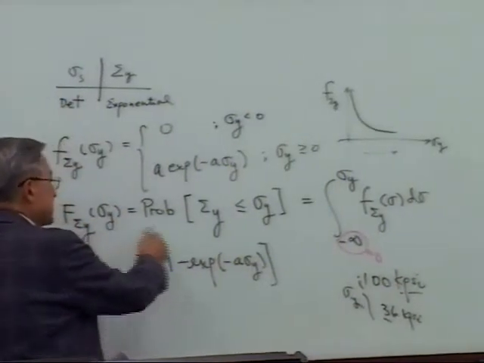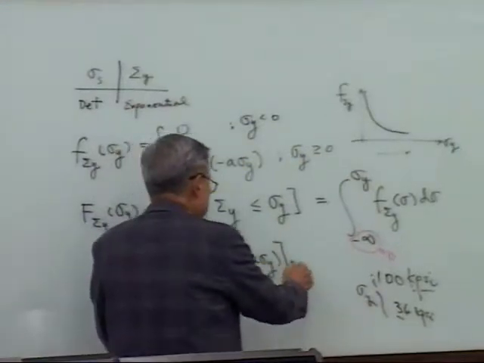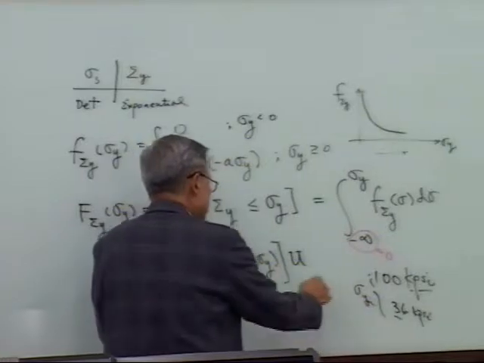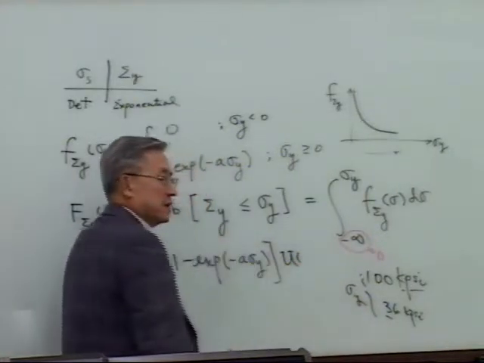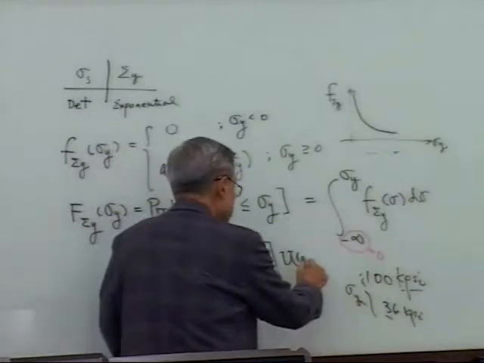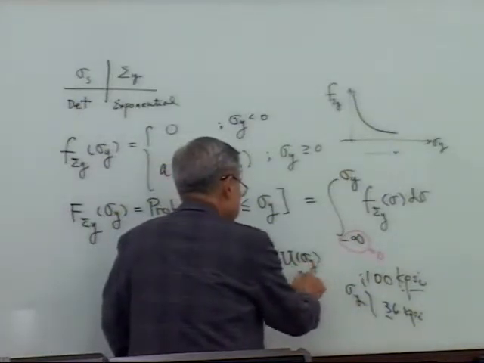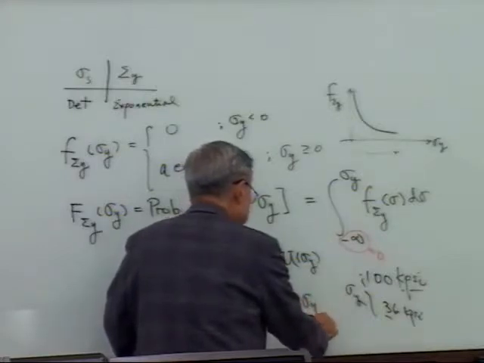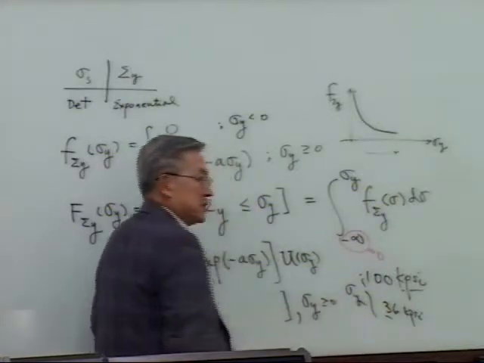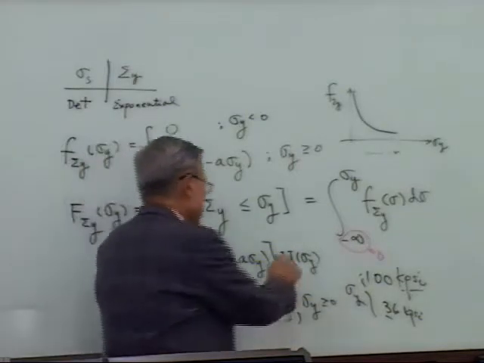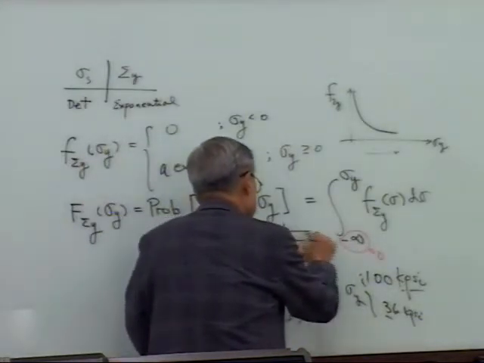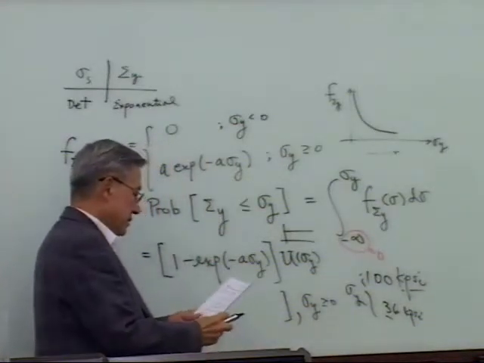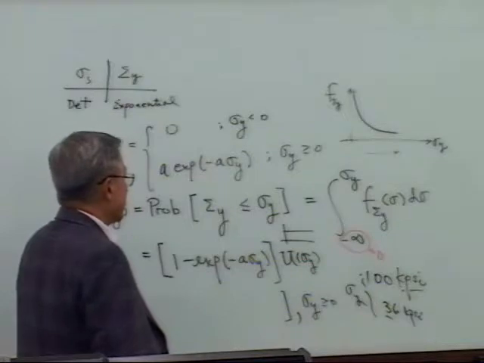But you can integrate this, then as usual, as we have done last week, I can multiply the step function. Or you can say sigma y is greater than or equal to 0. So this u means the step function. This is the way we did it.